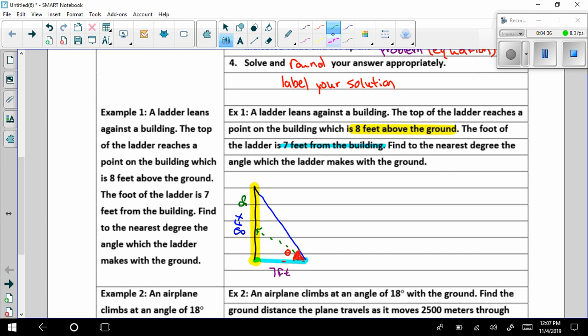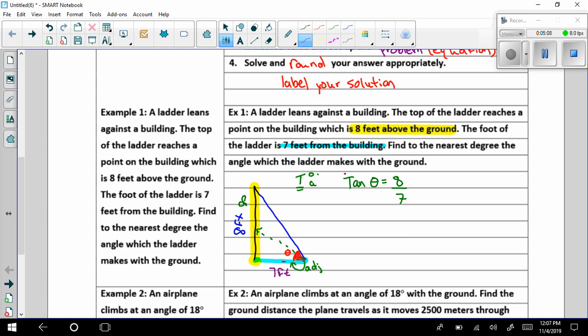And then this side here is adjacent. So when you think about your trig functions, the one that uses opposite adjacent is tangent. So I can write my equation, tangent of theta is equal to the opposite, which is 8, over the adjacent, which is 7.